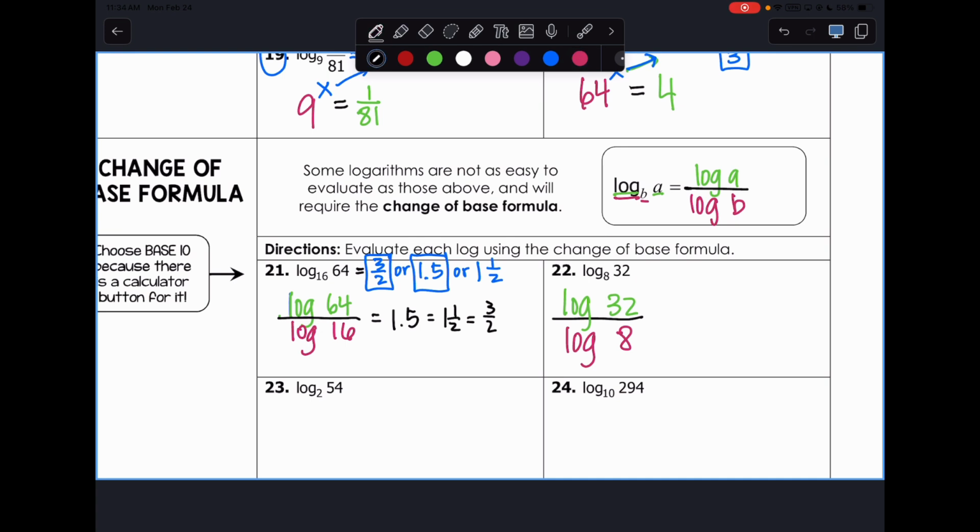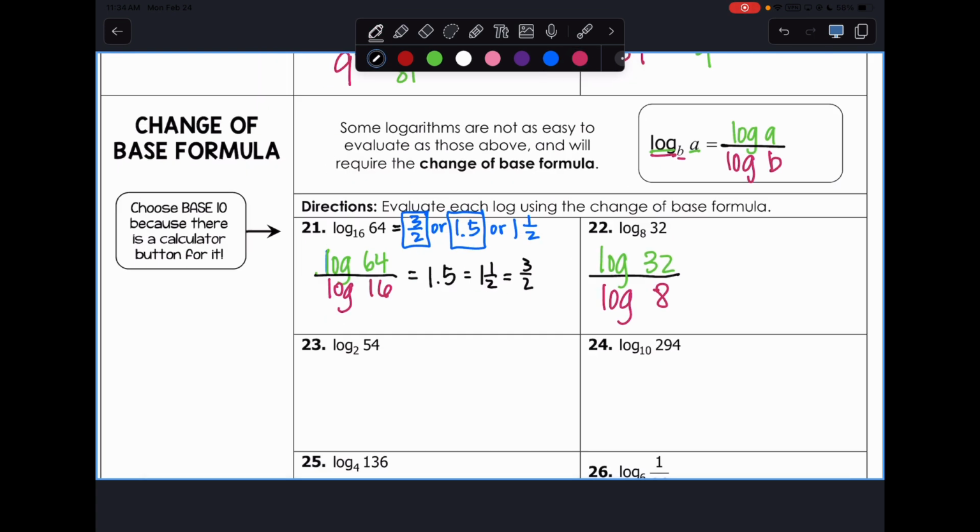Yes? Okay. So for the first part, it would be just log, and then you would put parentheses 64, close the parentheses, and then do divide by log button again.